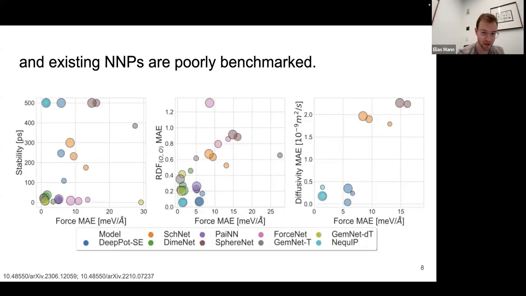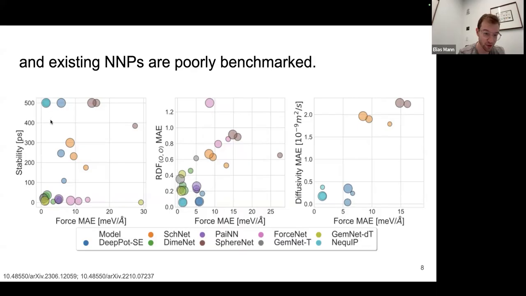In a paper called Forces Is Not Enough, there's an example that shows that a low error on force predictions doesn't necessarily correlate with things that we actually care about predicting, or care about using these for.